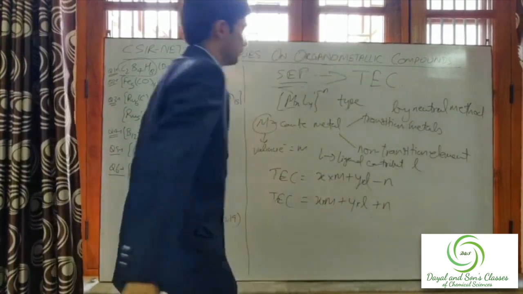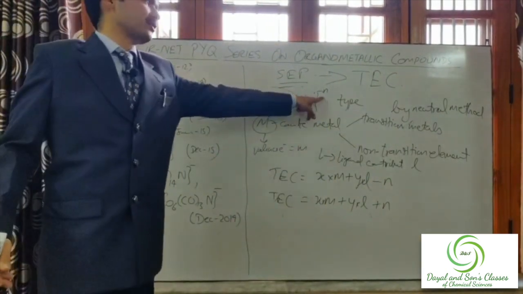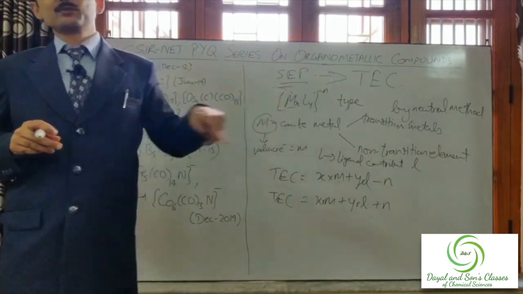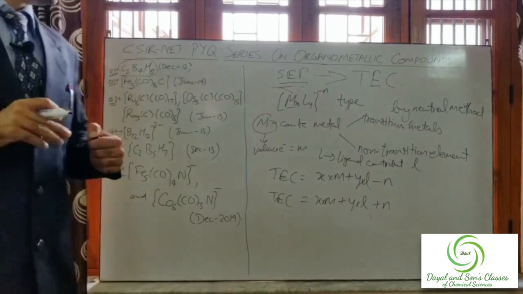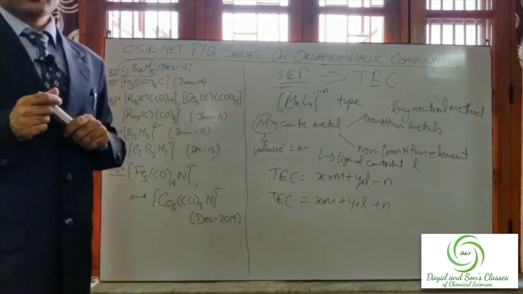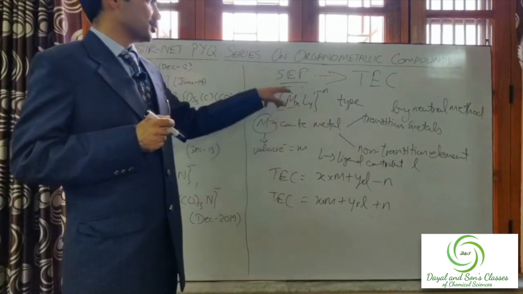Minus n means this many electrons are adding up to form this structure. I hope this much is clear. So this formula we will use to find out the TEC.